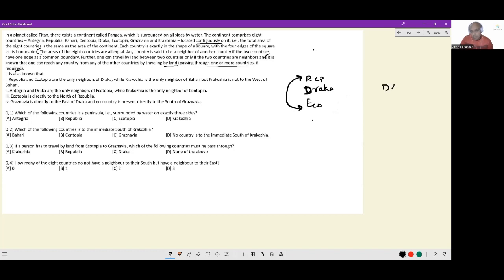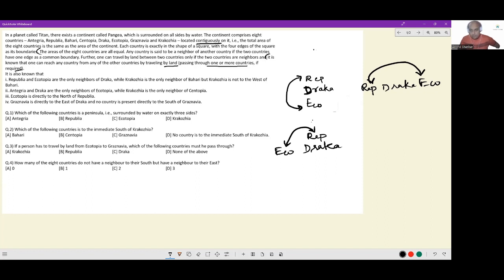You could also have Draca here, Republia here, and Ecotopia here, and these 2 can switch spots amongst themselves. You could also have it as Draca here, Republia here, and Ecotopia here, and these 2 can switch position among themselves. And hopefully you can see lots of cases can be created.